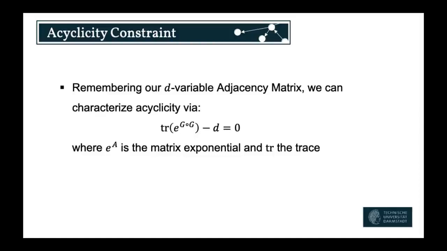This is infinite, it will check for all possible lengths of paths whether there's a cycle or not, which is why we also approximate it. If you characterize it like this, it puts it all on the diagonal. You take it minus the dimensionality, and that's only 0 if it's actually acyclic.